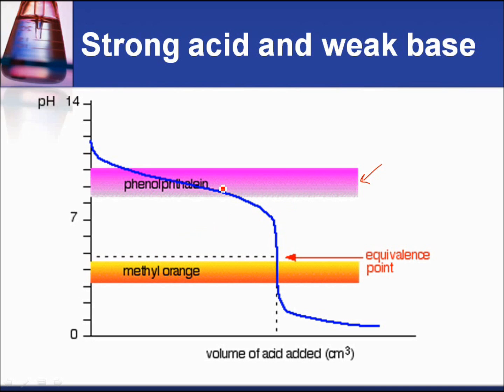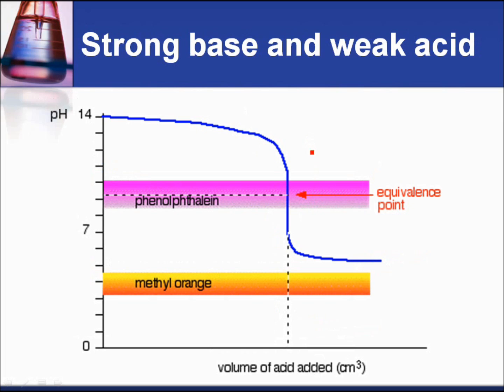So we wouldn't use phenolphthalein with a strong acid and a weak base. So let's look at methyl orange. Well, you can see that the color change in methyl orange is pretty close to the equivalence point, which is pH around 5. So methyl orange would be a suitable indicator to use, and as soon as you saw the yellow color, then you know you're at the equivalence point.